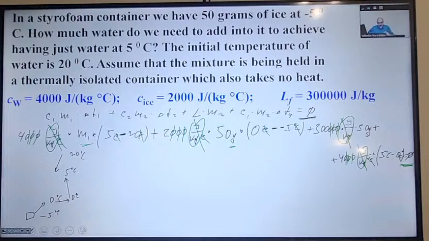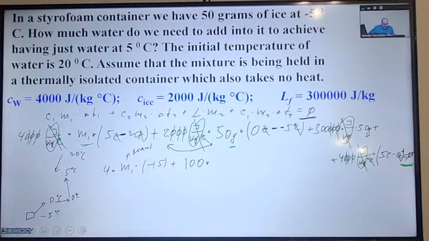So now I can rewrite my equation. Well, 4 times the mass in grams times 5 minus 20, negative 15, plus 2 times 50 is 100. And I don't write grams anymore. I know it will be grams. Unit is gram.